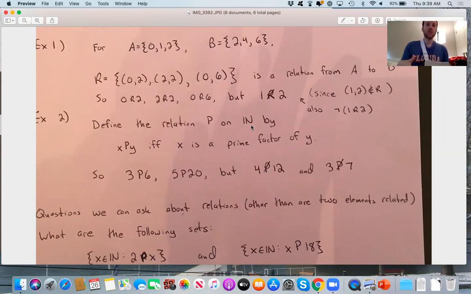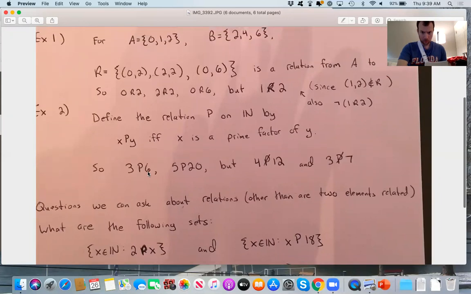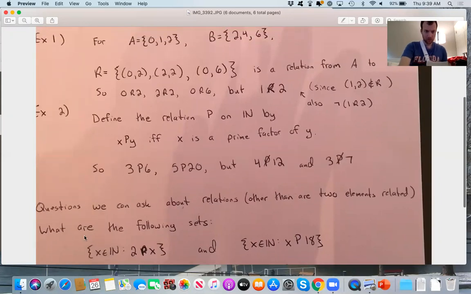But there are other questions we can ask besides just writing out all the pairs in the relation if it's finite like this, or determining whether pairs are related or not. So for instance, I'll give you guys a chance to think about this for a second before I scroll up and reveal it. For this relation P on the set of natural numbers, we can write down these two sets.